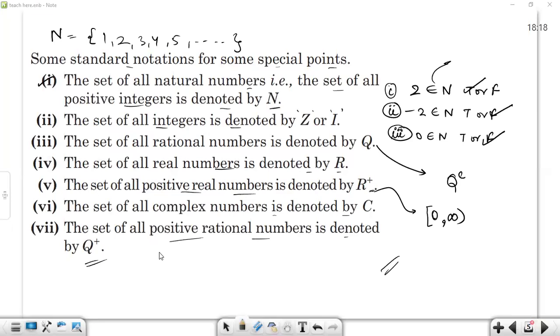Done? Yes, sir. Danish, done? Please keep on responding.